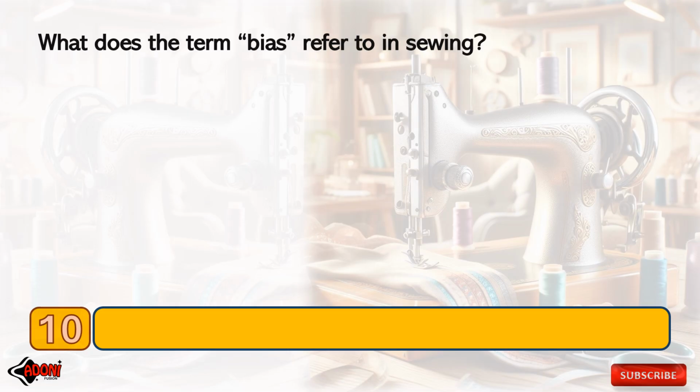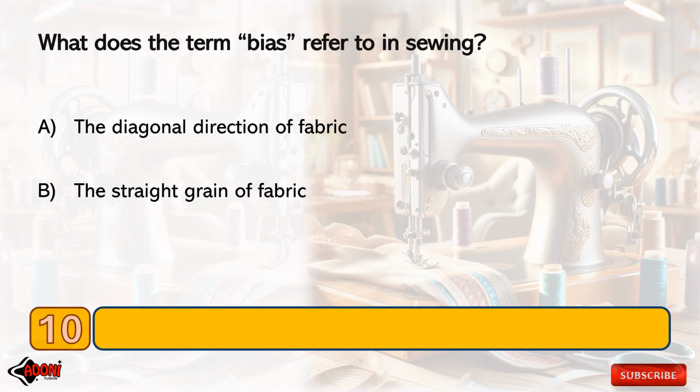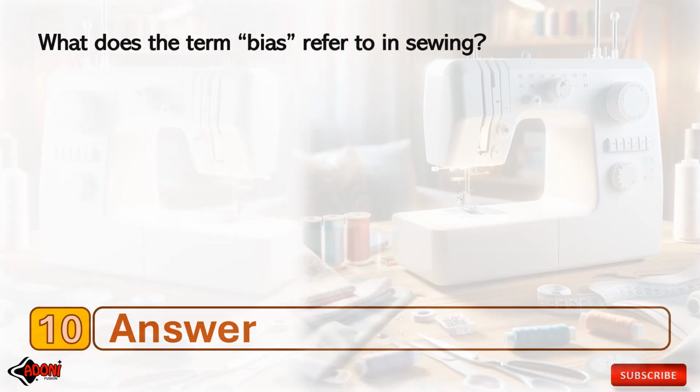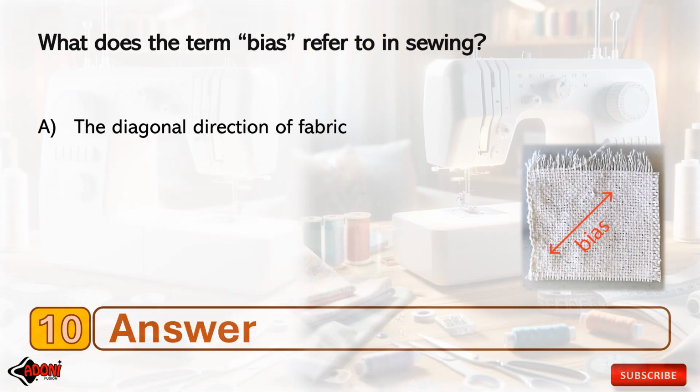What does the term bias refer to in sewing? The diagonal direction of fabric? The straight grain of fabric? The selvage edge? The answer is the diagonal direction of fabric.